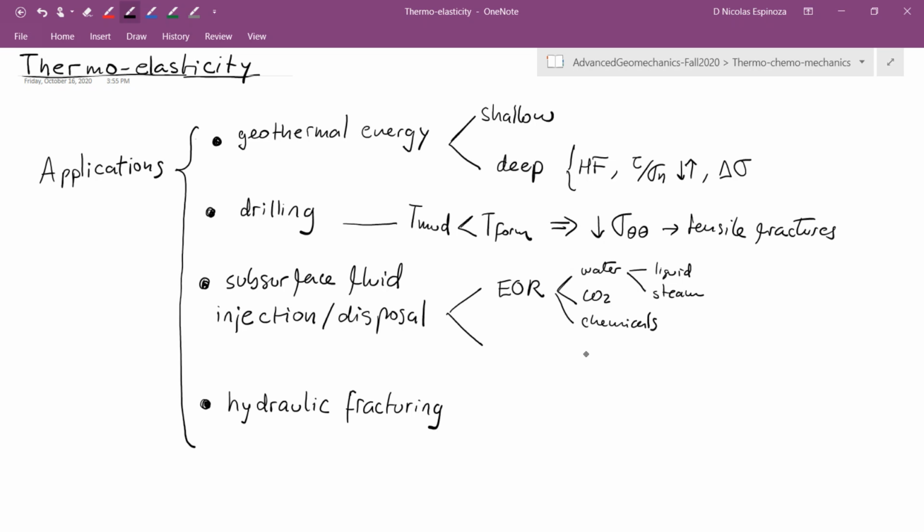And also we have applications of gas disposal, and these are linked, for example, to the disposal of produced water and hydraulic fracturing water.